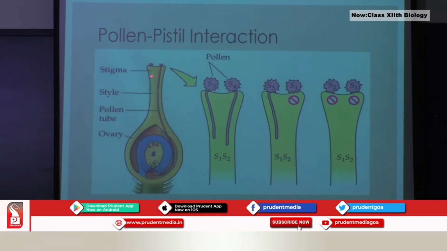Now, how is it that the pollen tube grows and reaches the ovule through the micropyle to enter into the embryo sac? Again, it is the pollen-pistil interaction, the same chemical dialogue which is guiding the pollen tube, which is carrying the two male gametes to reach the ovule, the anatropous ovule, through the micropyle region into the embryo sac.